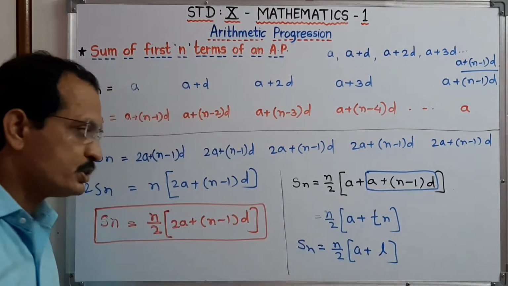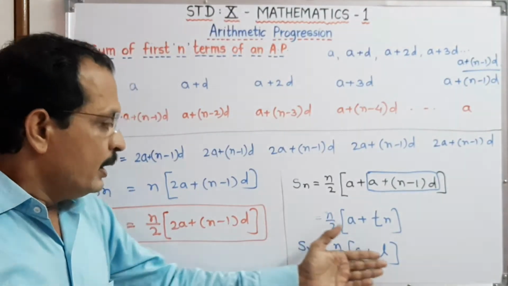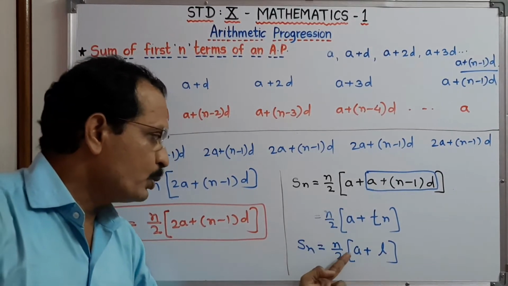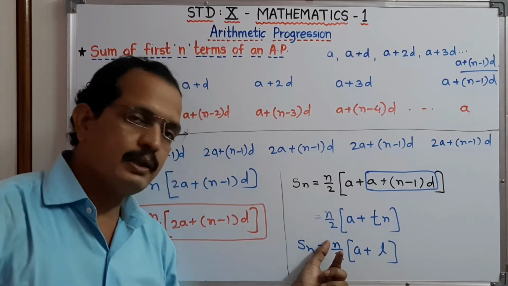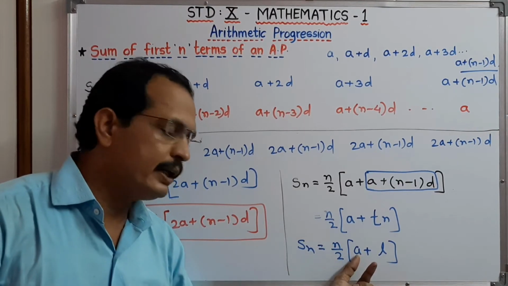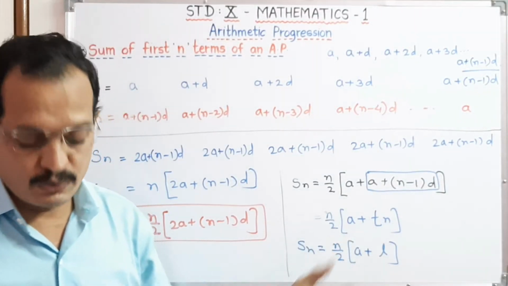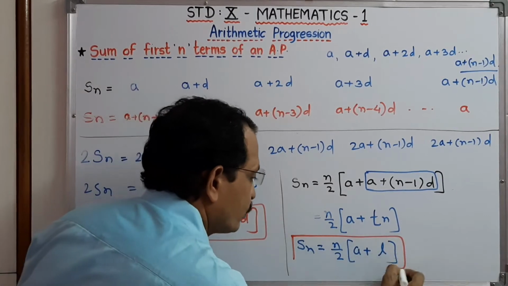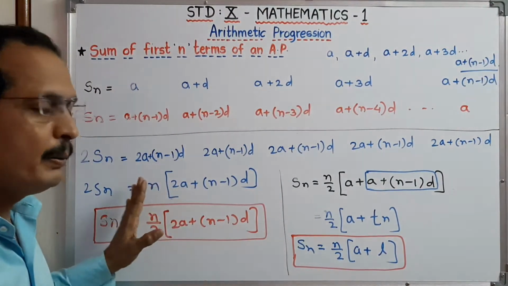Therefore we can use here the same formula, but we have simplified in another way, that is Sn is equal to n upon 2 into a plus l, where n is the number of terms, a is the first term and l is the last term. Dear students, it is a very simple formula, but we can use this formula in a different way.